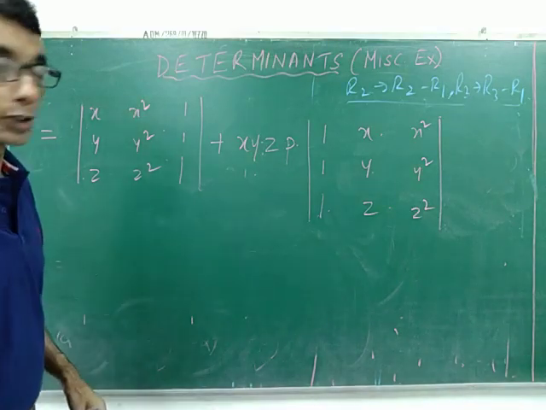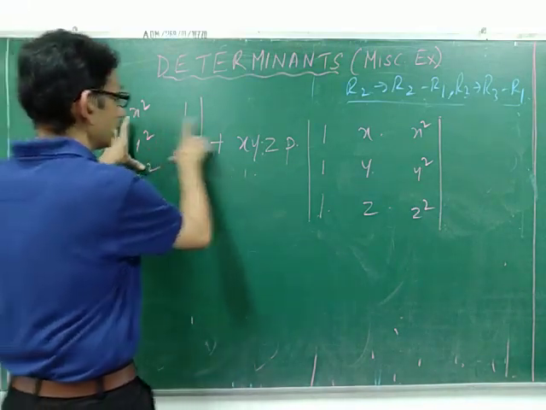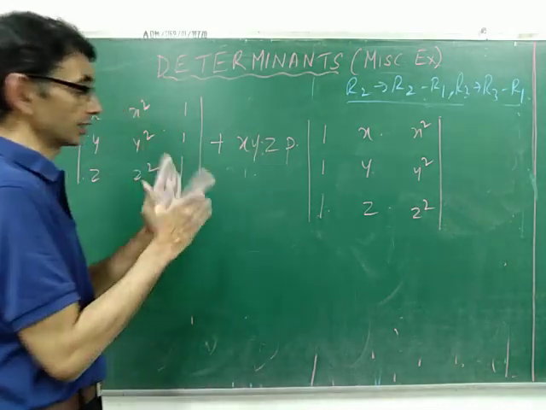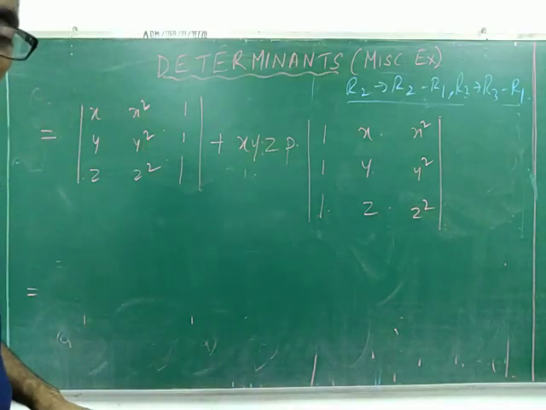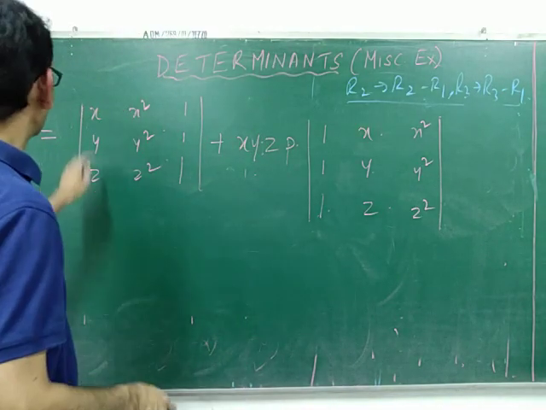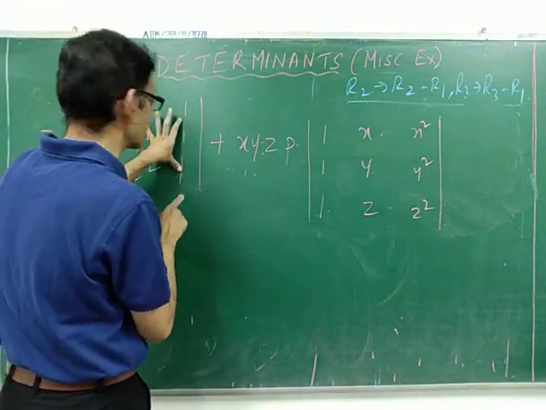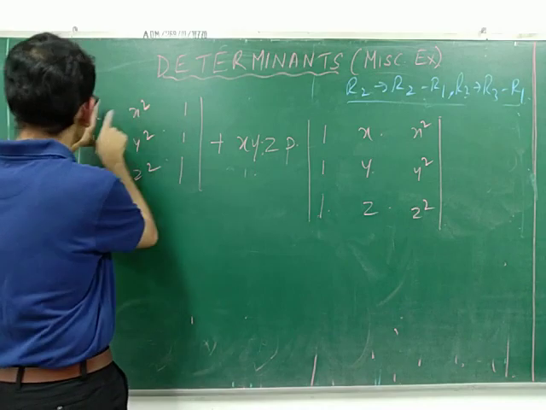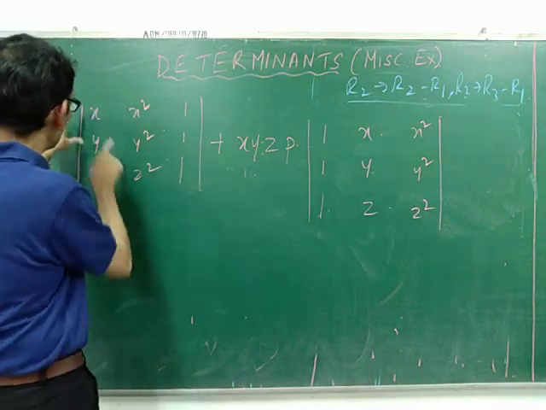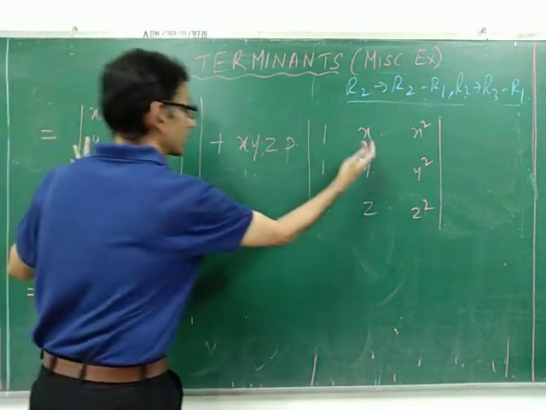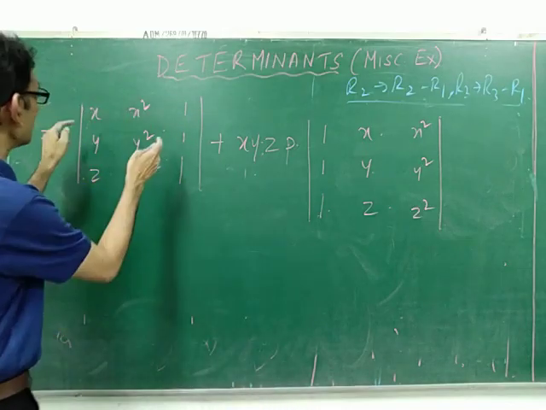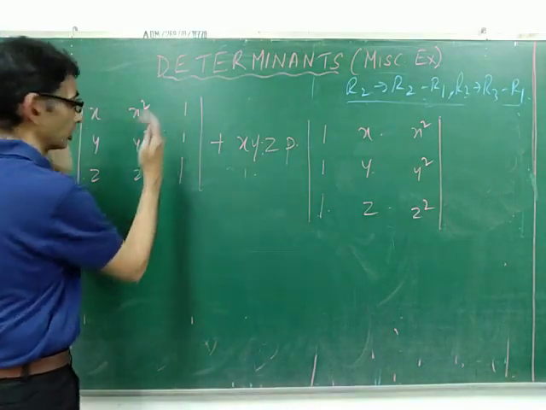What I'm going to do is take this determinant and this determinant and make them exactly the same. So how to do that? We'll shift the third column to the first column position, and this x, y, z should be in the second column position. First, we will interchange the first and the third column.